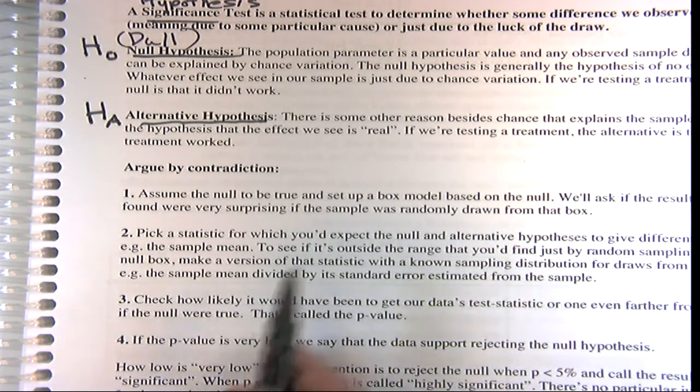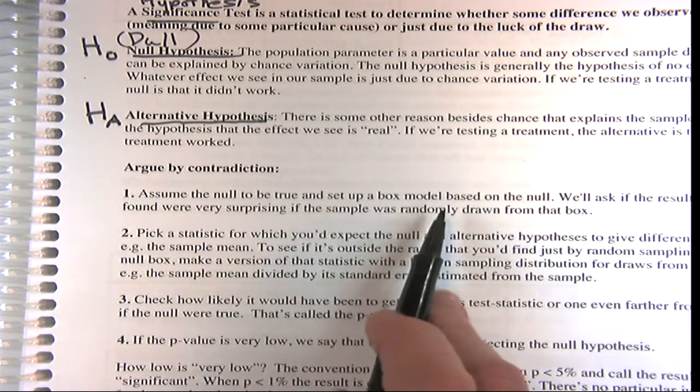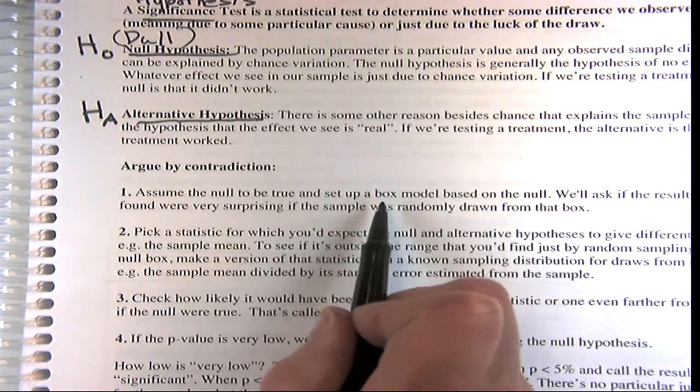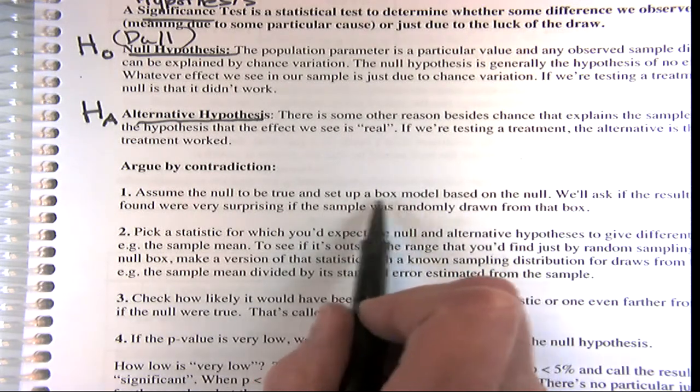That's the idea. You assume that to be true, and then you set up a simple probability model, where often the simplest type is a box model, drawing randomly from a box that has numbers written on them.